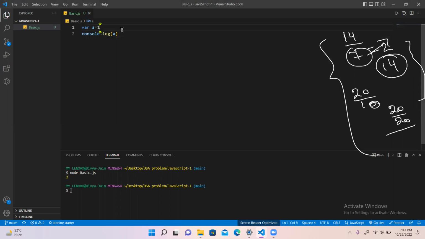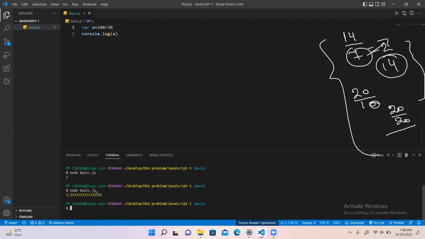Okay. You can divide anything, like 100 divided by 30. So you get an output also in decimal form. Okay. Let's check the output of that question. So node basic.js.